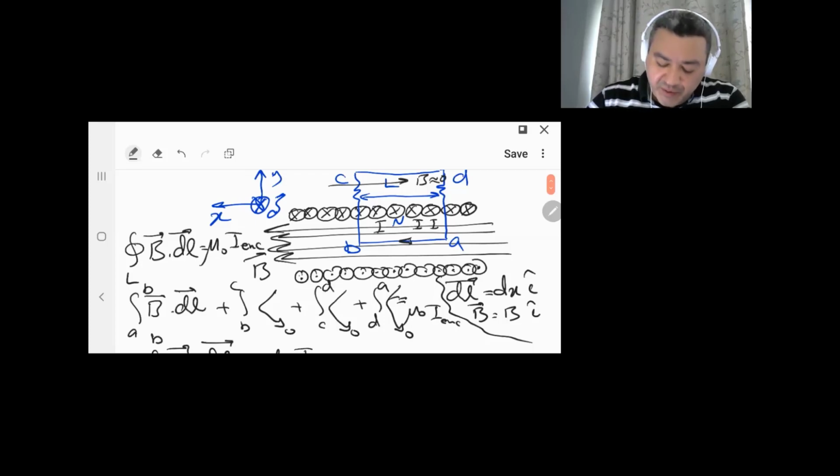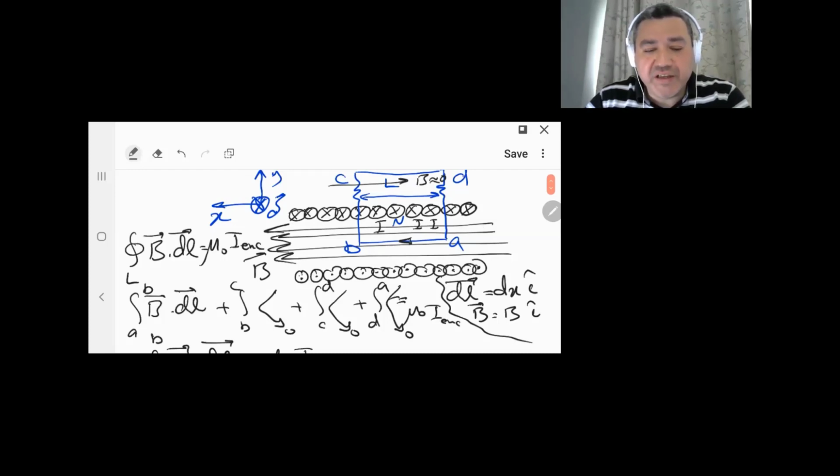The contribution along AB is negligible because the path is perpendicular to the magnetic field. This is the same for BC and for DA as well.